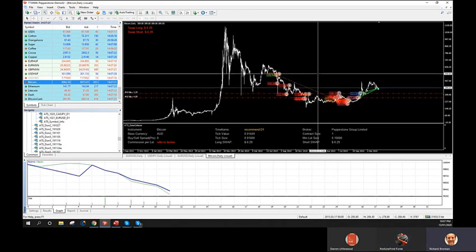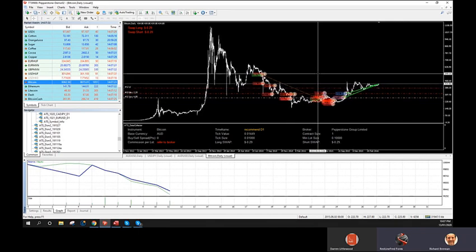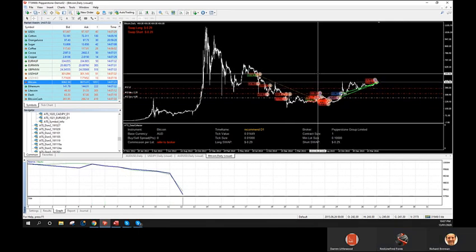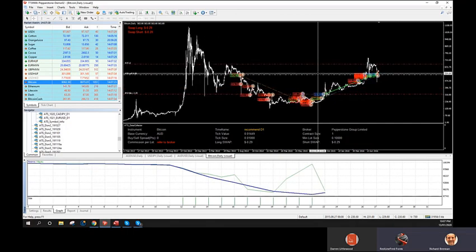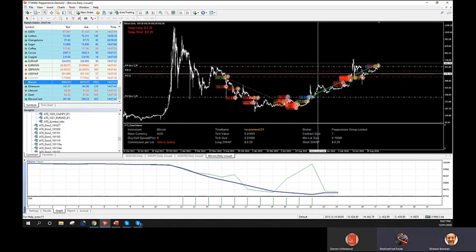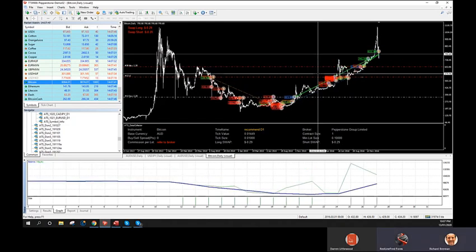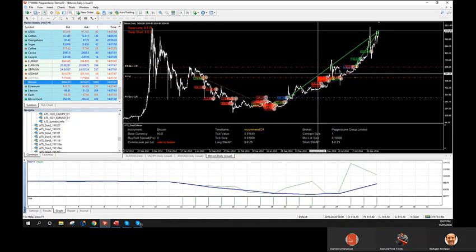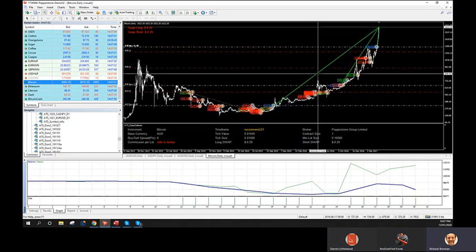It's a bit depressing. Our floating equity is slowly declining on us. But now we've got a long trade here. Oh, there's a nice spike. Let's see how long this goes. Oh dear. It's a wicked instrument.